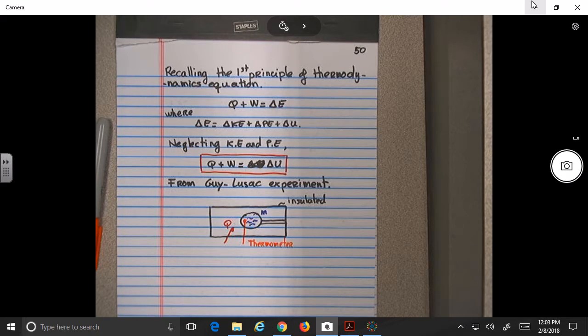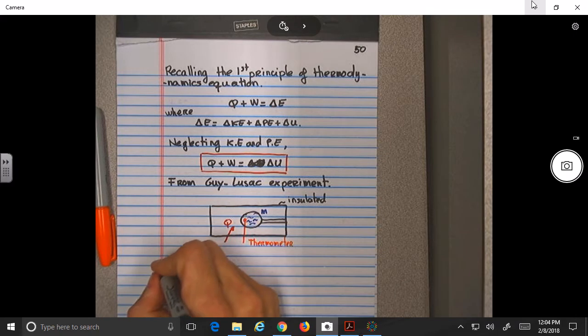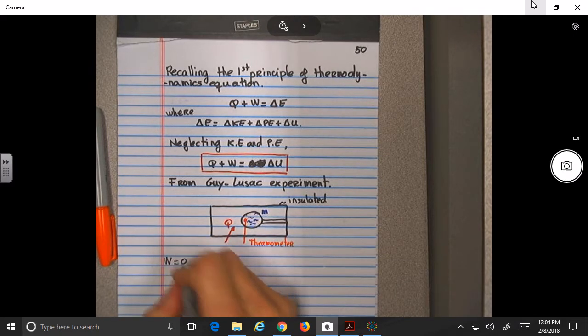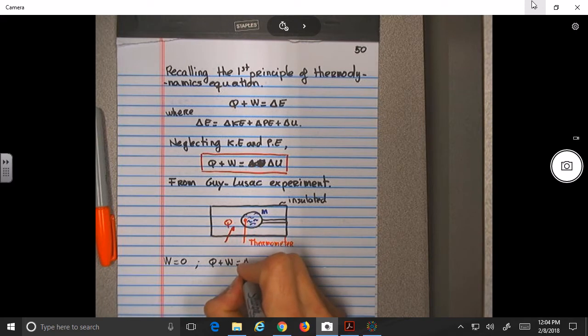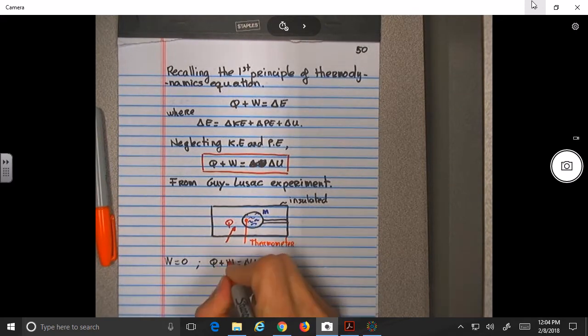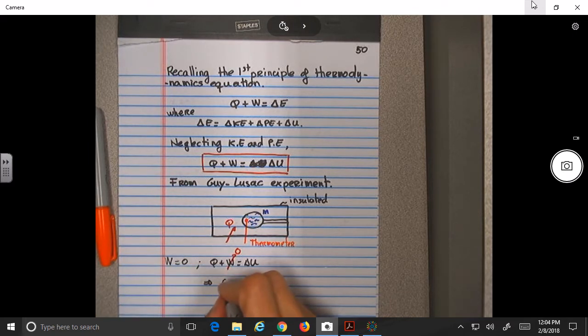If this system is insulated, do we have any amount of work? Is there any work being done on the system or by the system? No. So for this problem, the work is 0. Knowing that the work is 0, just heat equals the change in internal energy.